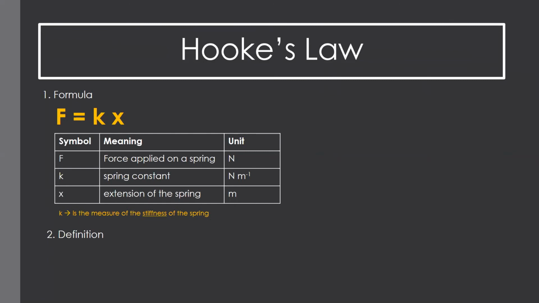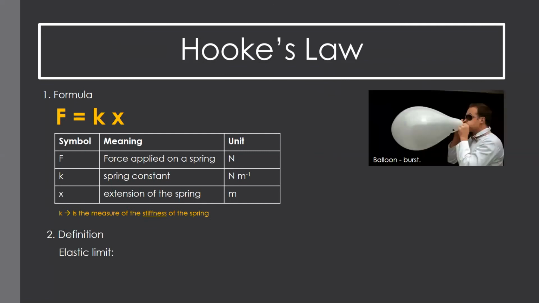First, we should acknowledge that elastic material has its limit. When a force exceeds the limit, it is deformed. As the first example, the balloon bursts when it blows too much. The balloon cannot stand the pressure and so it bursts.